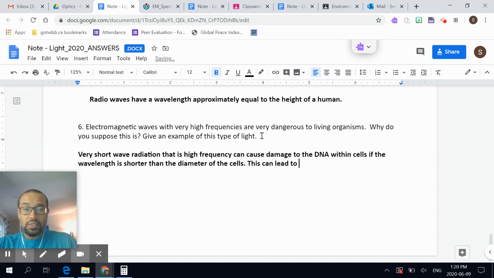This can lead to harmful mutations, and examples include UV, X-rays, and gamma.